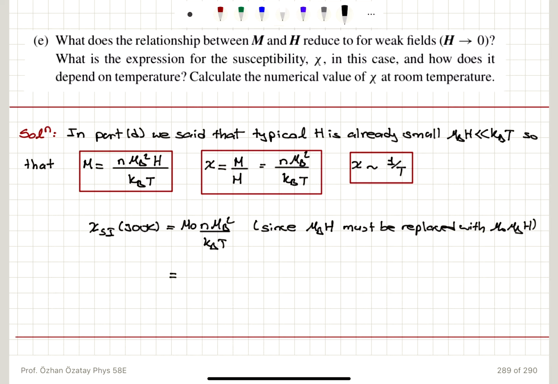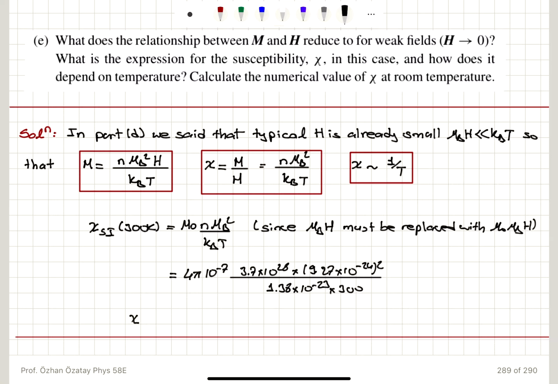So in that case, this becomes 4 pi times 10 to the minus 7 Henry per meter, times the spin number density 3.7 times 10 to the 28, Bohr magneton squared, 9.27 times 10 to the minus 24 squared, divided by Boltzmann constant and temperature 300 Kelvin, close to room temperature.